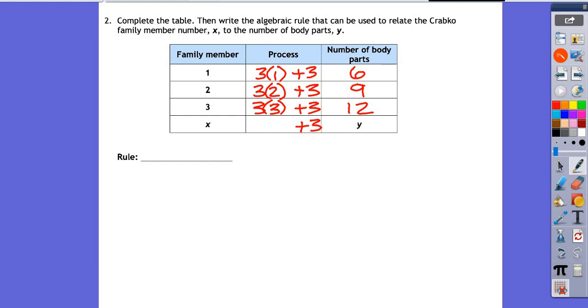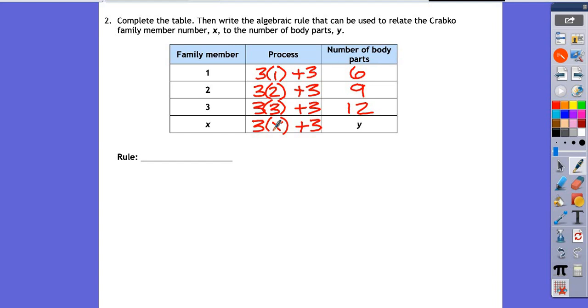So looking at what's all the same to come up with my equation, I know I added 3 every time. What else did I do every time? Multiply by 3. Was this number that I multiplied by 3 the same? No. So what can I call that? A variable, x. Since they told me family member is x, I'm going to use an x.